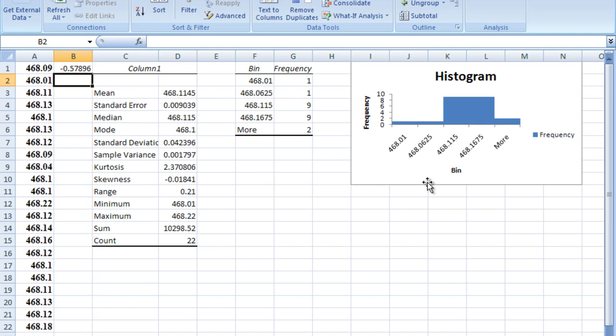The third part of this says look for any values that are outside plus or minus 3 standard deviations.